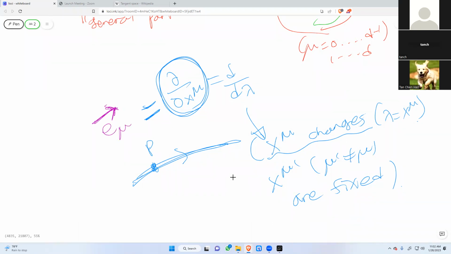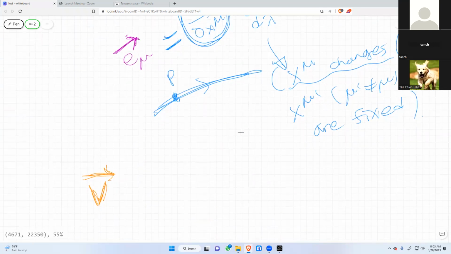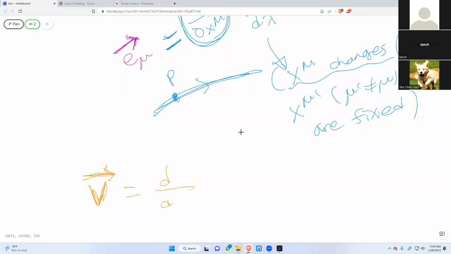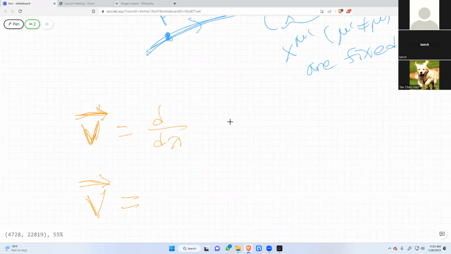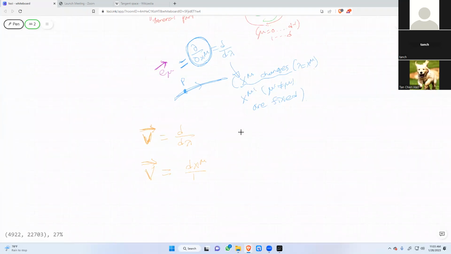I'm just going to put arrows on vectors for now, just to show that they are vectors. So if we define the vector v as d lambda for some lambda, we can see that v is equal to dx mu d lambda, summed over mu, e mu.